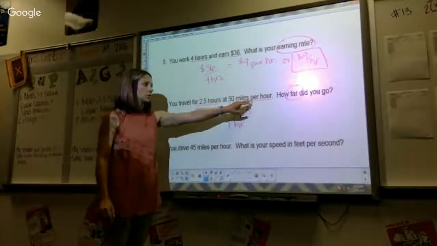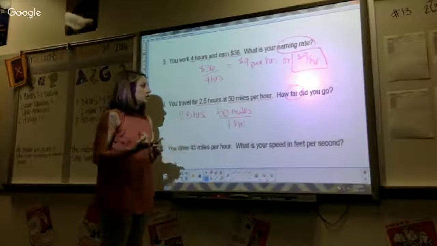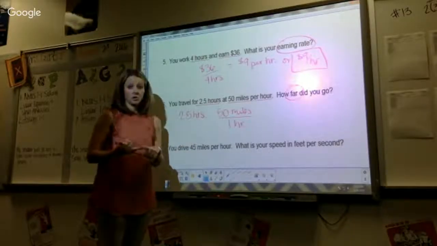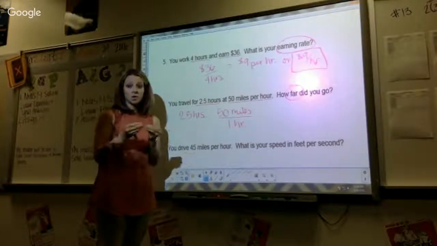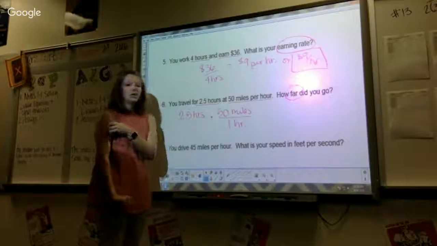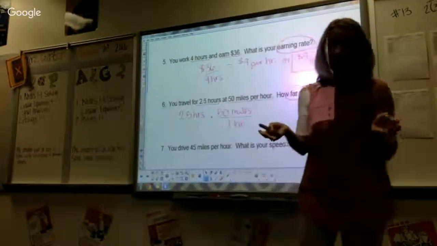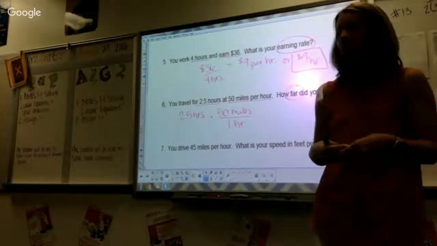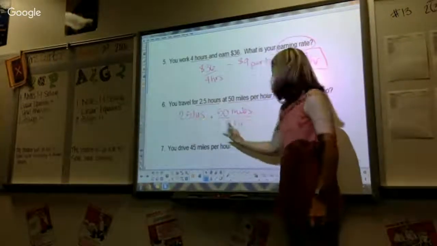So anytime you see the word per, it's wanting you to see how far you're going to go. So if you know that in 1 hour you go 50 miles, and you're trying to figure out how far you go in 2.5 hours, you're going to need to multiply those two together. So I will be multiplying these two together. Now, we talked on the front of the notes about fractions, when you're multiplying the tops, multiplying the bottoms. So notice here, these hours will cancel out.